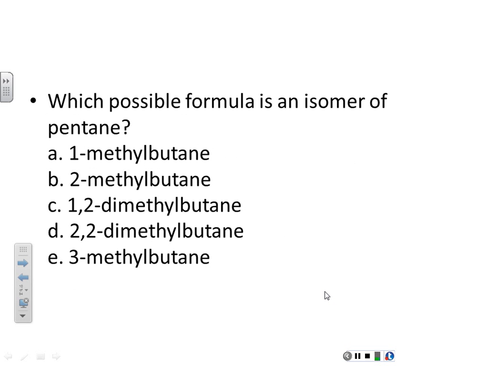Now let's do isomers. I just have to write all that down. Now let's do the same exercise for this. Instead of writing the formula, the last column will be the molecular formula.